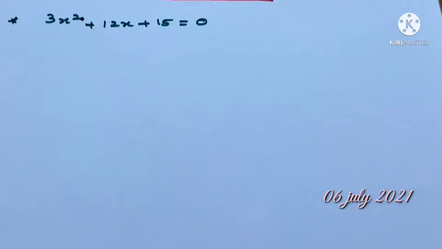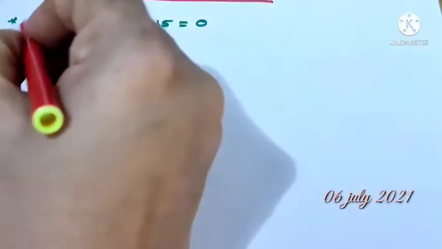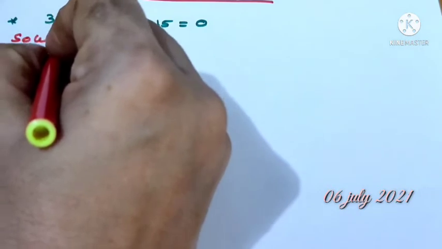Next question, 3x square plus 12x plus 15 equal to 0. In this question you can observe one more thing, that they are having the common factor 3. Either we can divide with the 3 and make the coefficient of x square 1, or take the common factor also. So I am going for this solution.